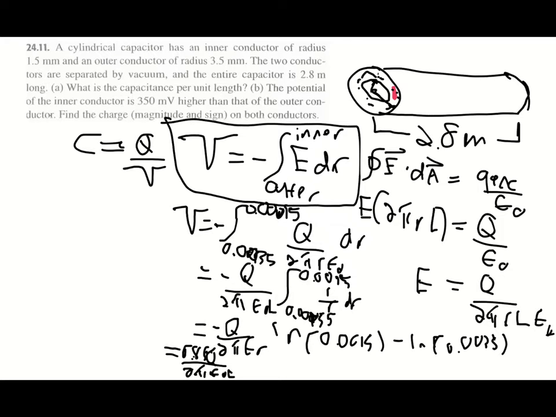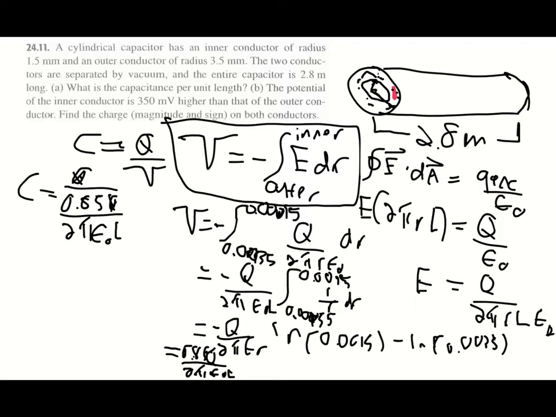Now, our last step is to come up with this capacitance per unit length. So I'm going to take this whole thing and sub it over. I've got C equals Q over this whole monstrosity, 0.85 Q over 2 pi epsilon naught L. Those divide out pretty nicely.